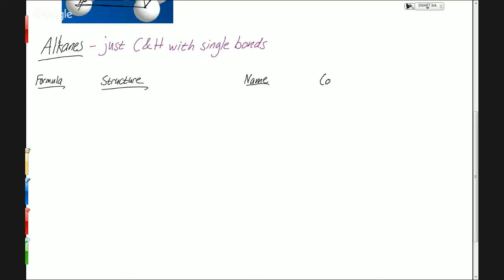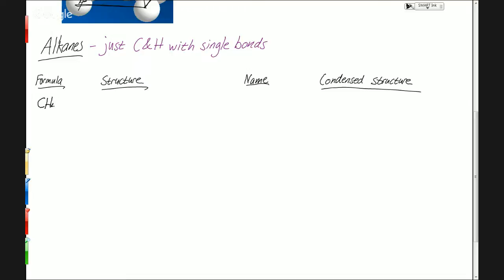And finally, what we call the condensed structure. As you'll see, these start to get a little bit tedious to draw when they get big. So there's all kinds of ways that we abbreviate these things to make them not as tedious. One of those ways is a condensed structure, and then a better one is a line structure, which we might get to later tonight.